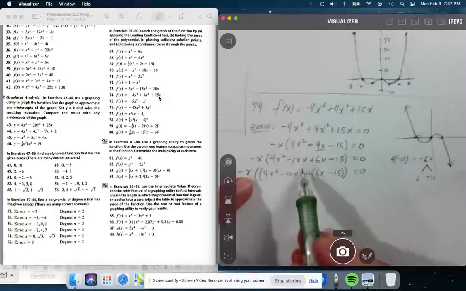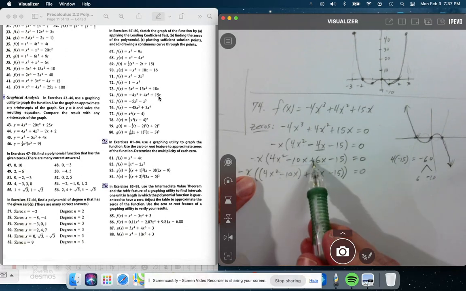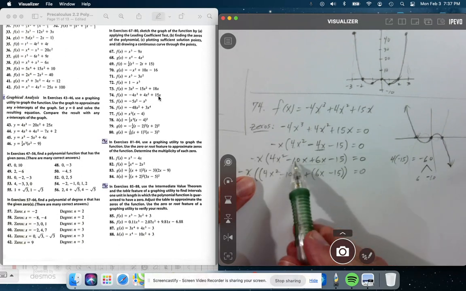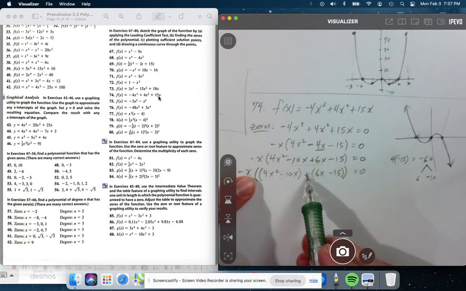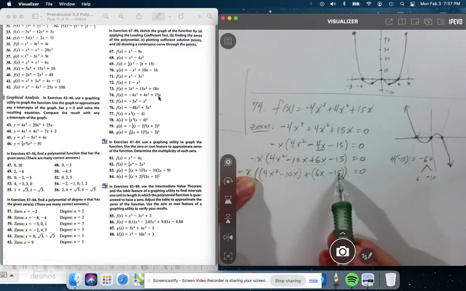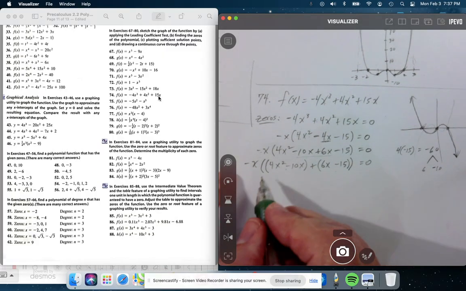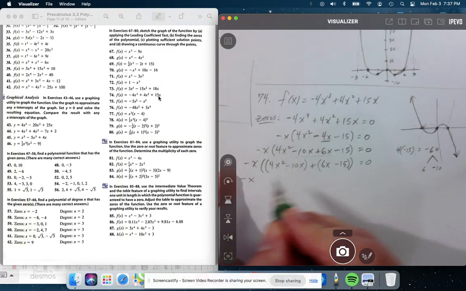So that's why I put that minus there, so that I wouldn't have to put a minus here, because if the 10 would have been where the 6 is, then that minus would be in the middle, and I would have to change the signs of these two, and it's just a pain. All right, and then negative x.